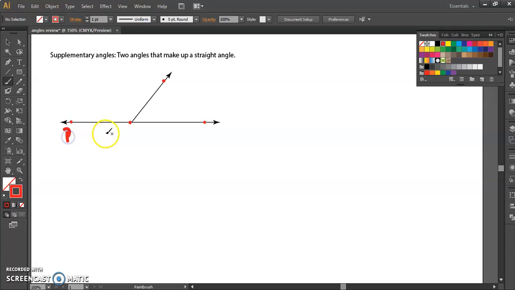And let's see, this is gonna be point P, Q, R, and this is gonna be S. Okay, so I'm gonna name this angle 5. Oh, well, this is one angle and this is another one.